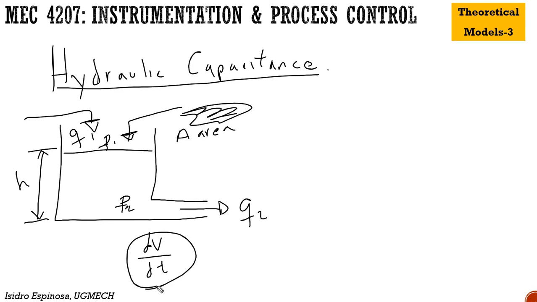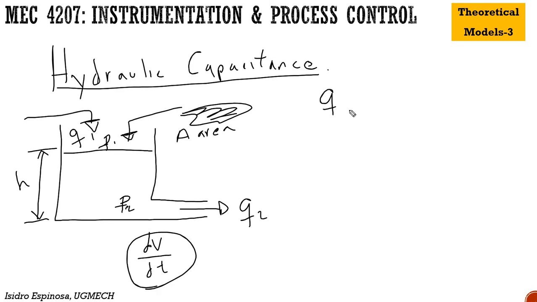The volumetric rate means the flow rate at which the liquid enters the container, that we call Q1, and the rate Q2 at which the liquid leaves. So saying that, we can approach to describe what happened in the container with the liquid.